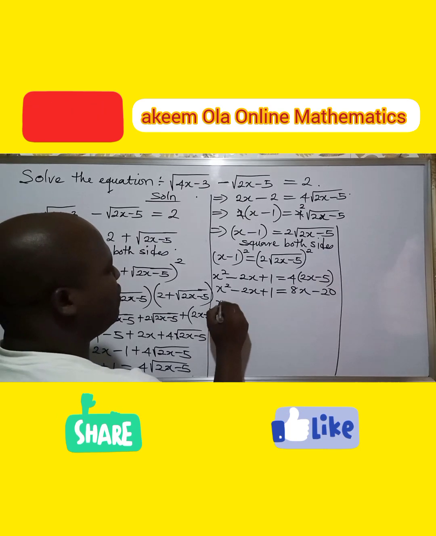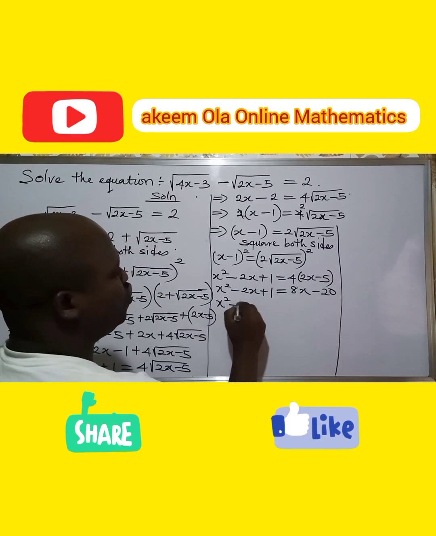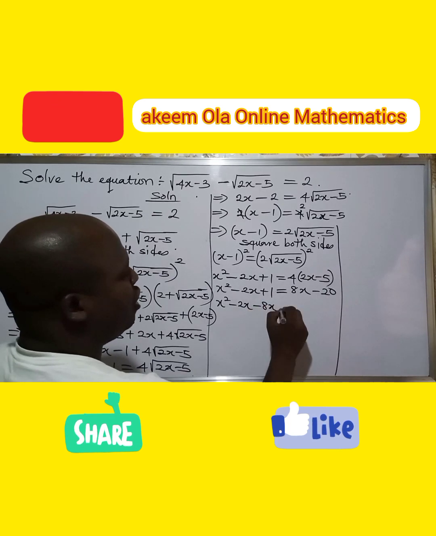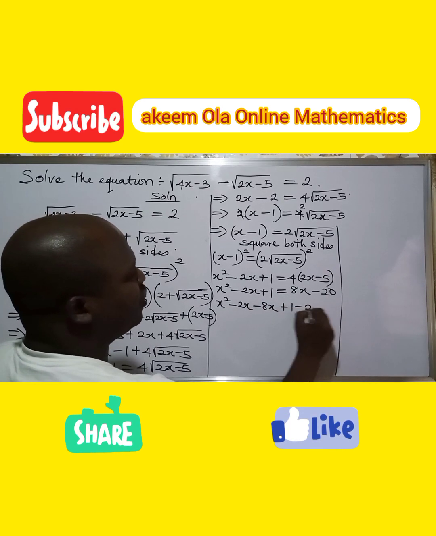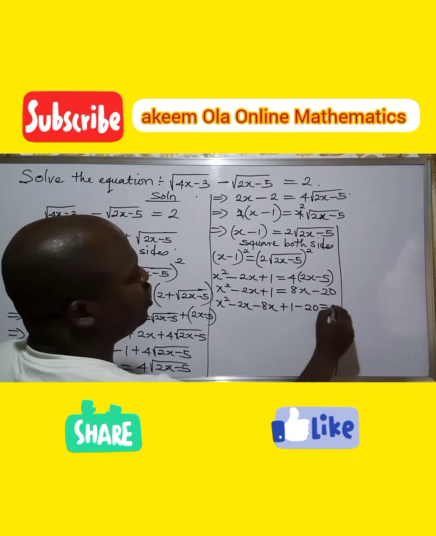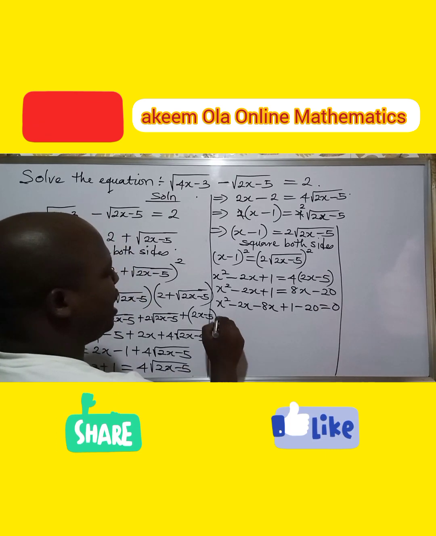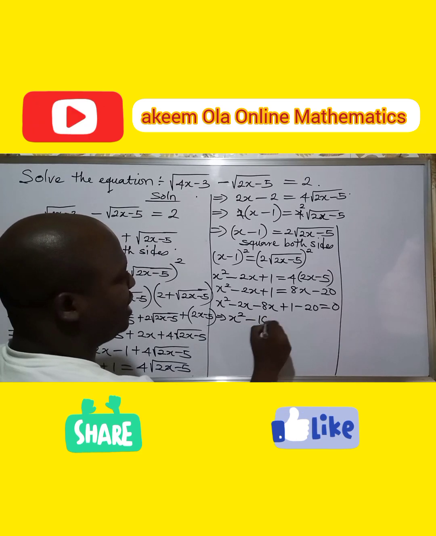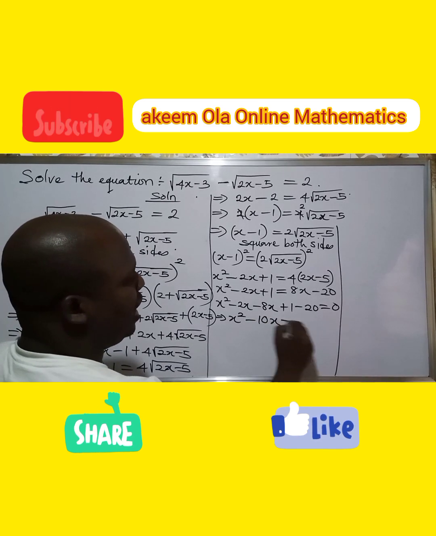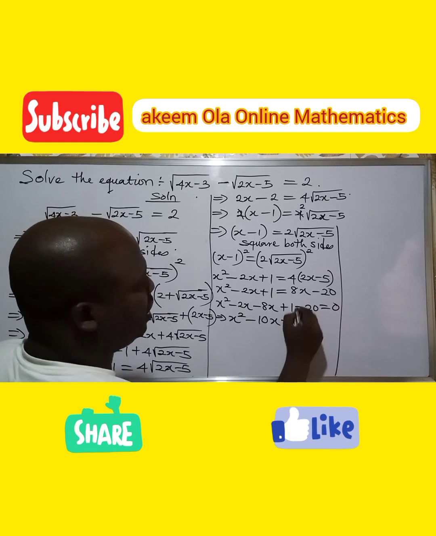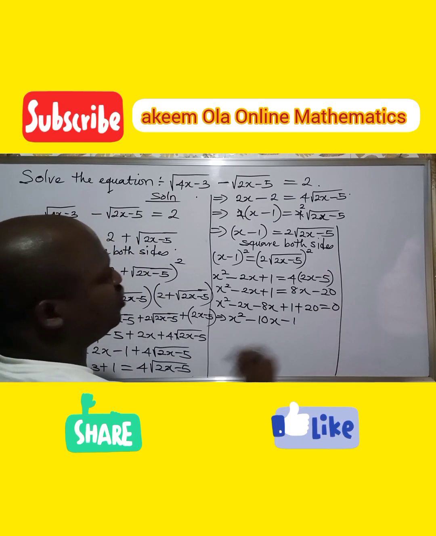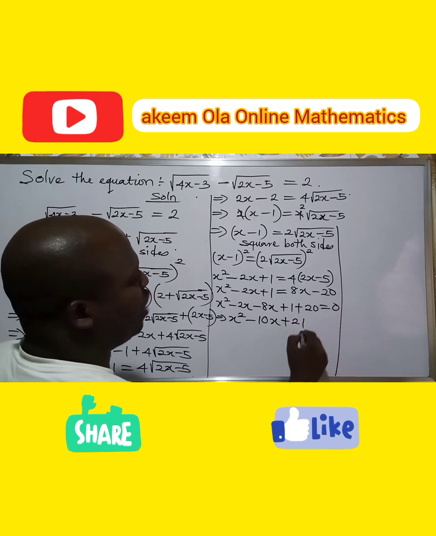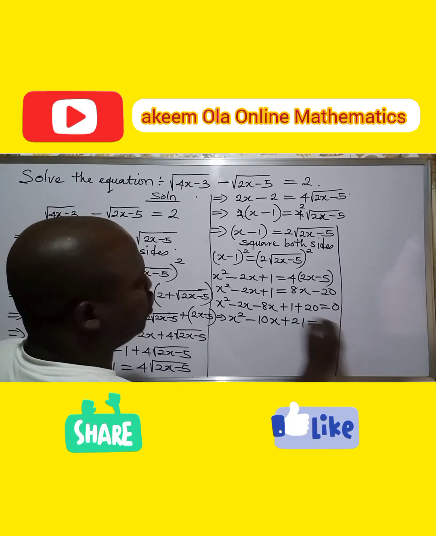So here I will have x squared minus 2x, this one will come here minus 8x, plus 1 minus 20, is now equal to 0. So from there, we have x squared minus 10x minus 19. When it comes here, it comes plus, so we have plus 20, okay, plus 21 is now equal to 0.